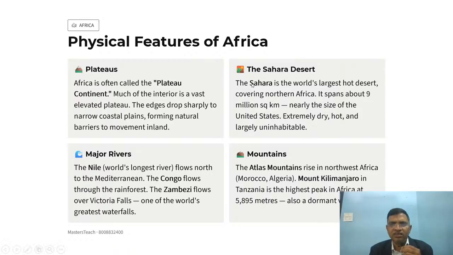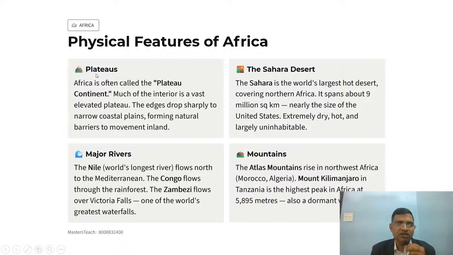Then the Sahara Desert, which is also frequently asked, even in Groups exams. The Sahara is the world's largest hot desert, covering North Africa. It spans almost 9 million square kilometers, nearly the size of the United States. It is extremely dry, hot and largely uninhabitable, meaning people cannot survive there easily.